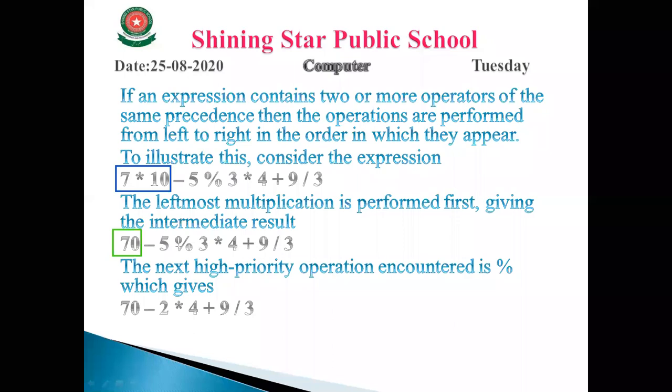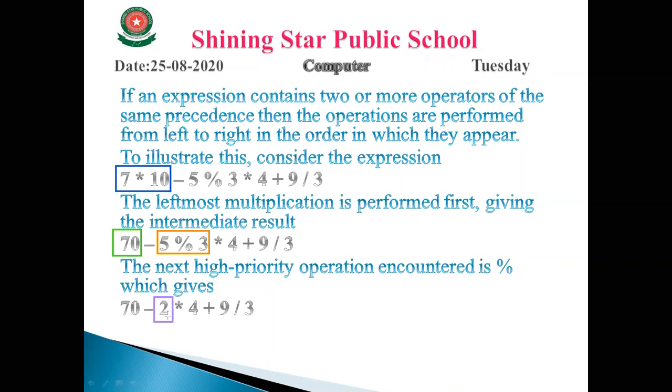Now 70 minus 5 remainder 3 multiply 4 plus 9 divided by 3. The next highest priority operator is the percentage sign, meaning remainder. 5 percent 3 gives 2, so the remainder is 2.